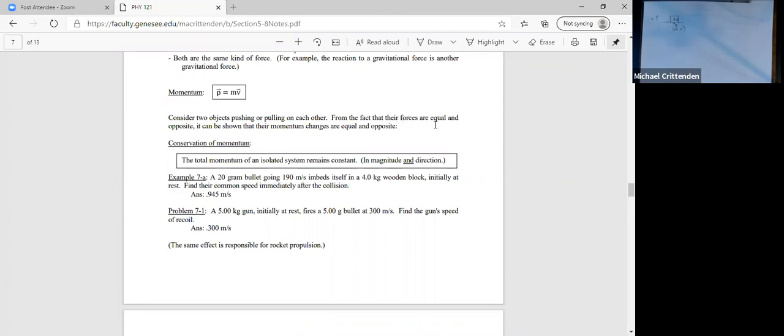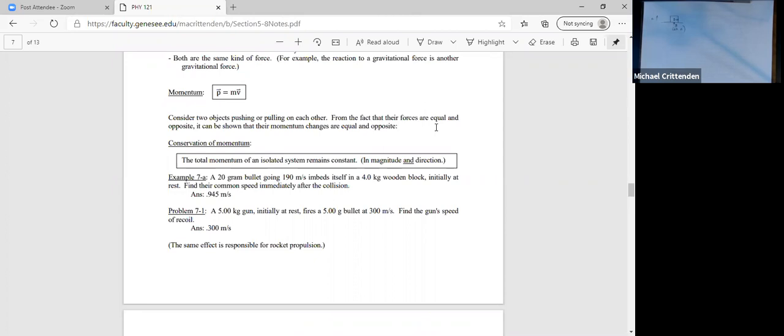Okay, you've got the two balls pushing against each other. One pushes on two, two pushes back on one. This is an action-reaction pair. So the forces are required to be the same by the third law.